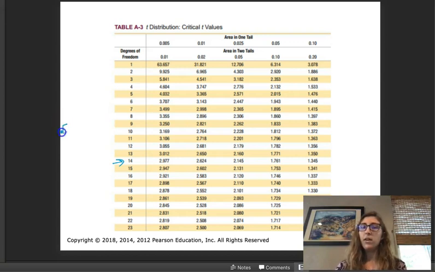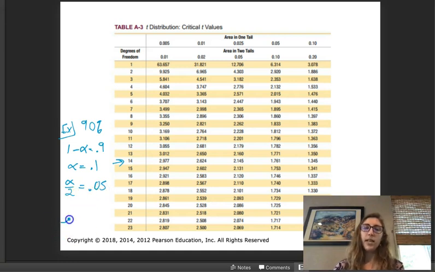So let's say, for example, that they told us that we had a 90% confidence level, right? If we have a 90% confidence level, that means that our value for alpha is going to be 0.1. So alpha would be 0.1, and that would mean that our alpha over 2 would be 0.05.